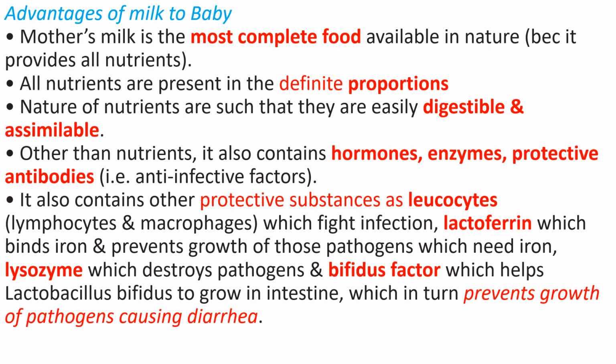Merits of breastfeeding. Advantages of milk to the baby. Mother's milk is the most complete food available in nature because it provides all nutrients necessary for the baby. All nutrients are present in definite proportions, and are easily digestible and assimilable. Other than nutrients, it also contains hormones, enzymes, and protective antibodies.